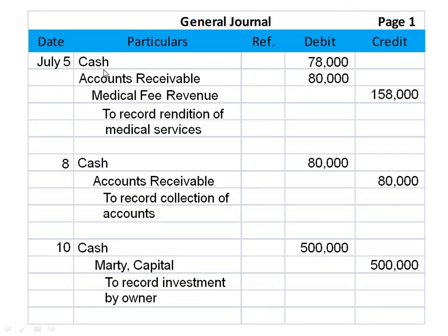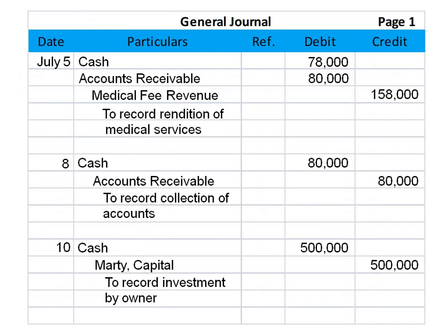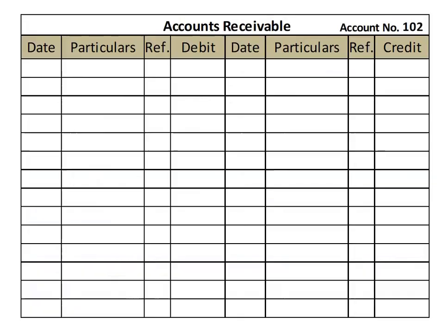July 5 now. Cash, 78,000. Post to the left side of the cash ledger. Then, write this account number in the PR column of the journal. Debit accounts receivable, 80,000. Post to the left side of the accounts receivable ledger.